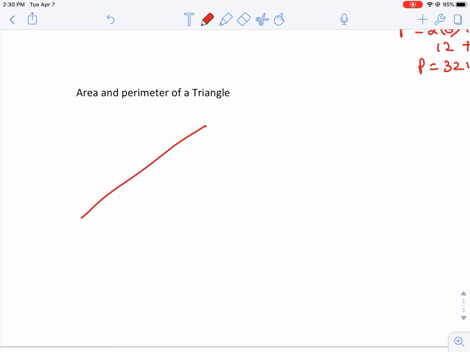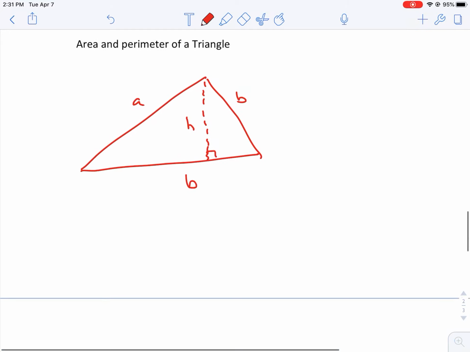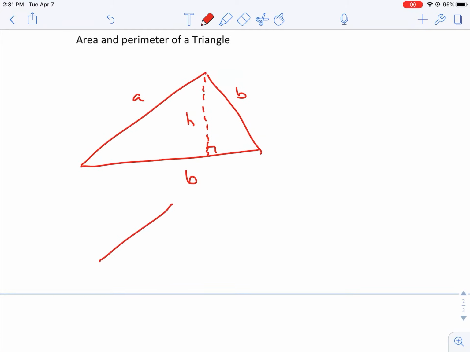And last but not least is the area and perimeter of a triangle. So a triangle, okay, we're going to have one different thing, a dotted line, and it'll form a right angle. This is the height, this is the base. I'm going to call this side A and this side B, all right? So if I take another triangle, very similar, and let's say the height is 3.